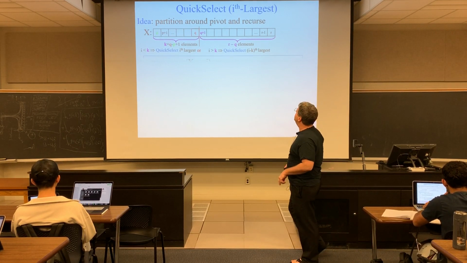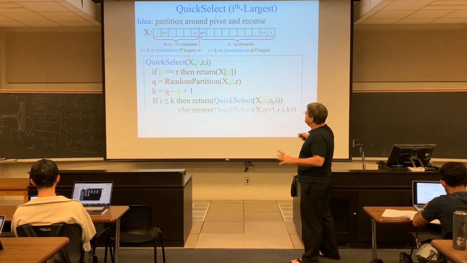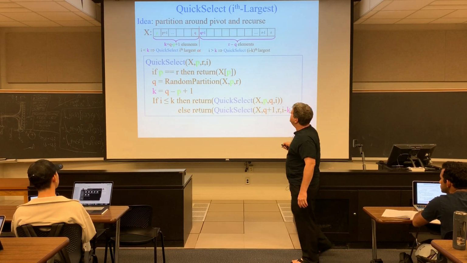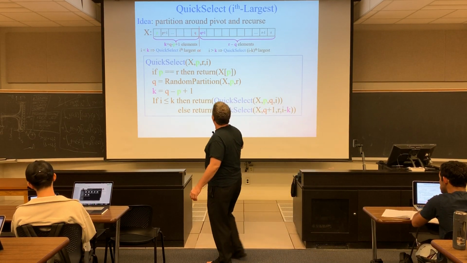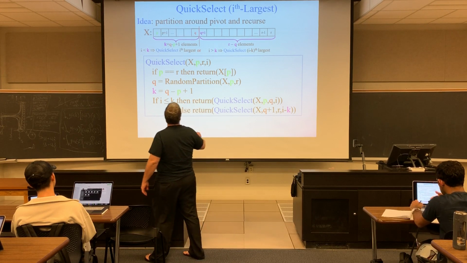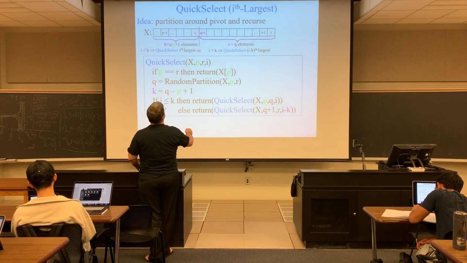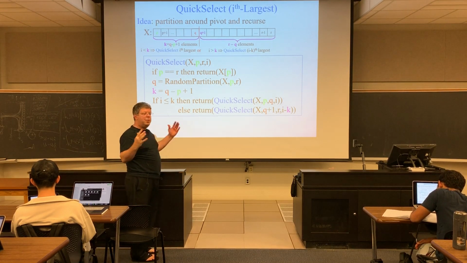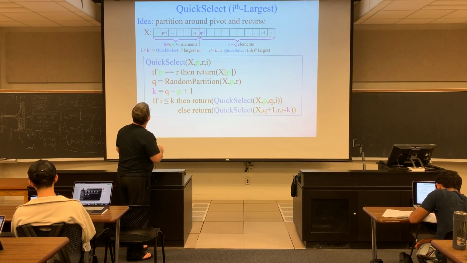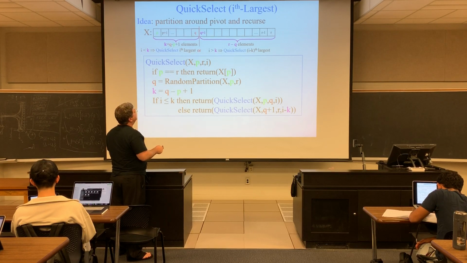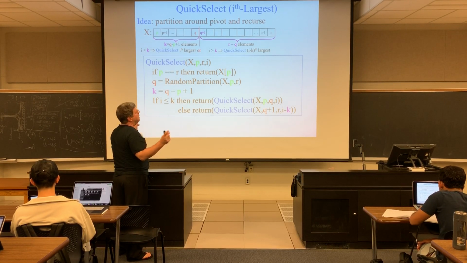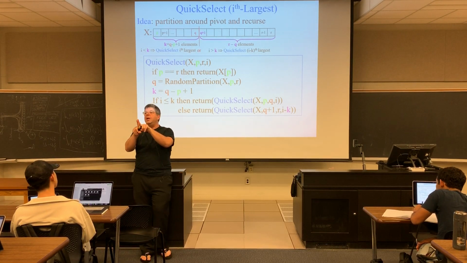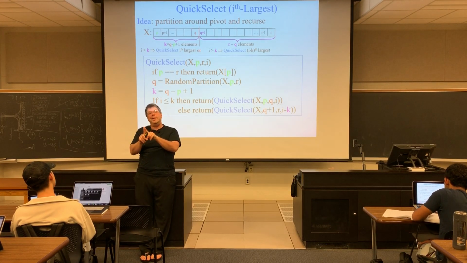So the algorithm is pretty much that. Here is the pseudocode. I'm selecting in the array X in the range P through R, the portion of the array in which we're doing the selection. And if P is equal to R, then we just return that element, right? If the array is just one element large, the median of an array with just one thing in it is that thing.